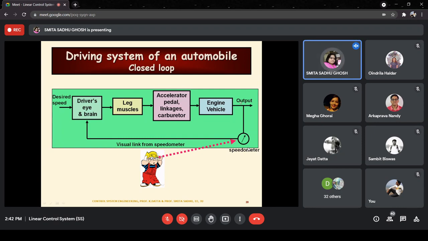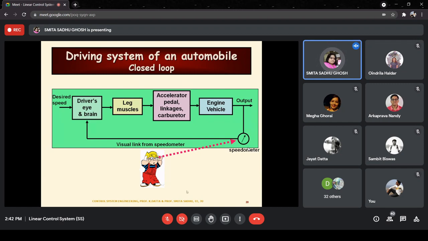But in this model, in this particular block diagram, you find that there is a sensing instrument in the form of a speedometer, from where the driver, using his eyes and brain, can look at the speedometer, and his brain is going to do the processing and act as the controller in this model.